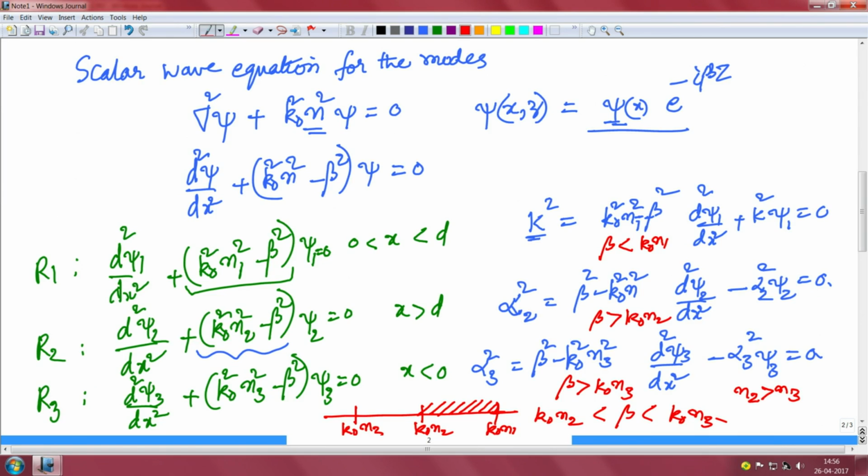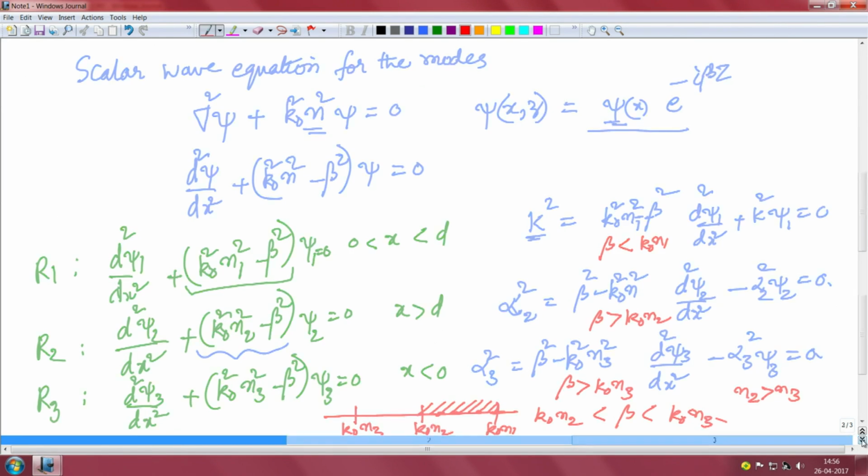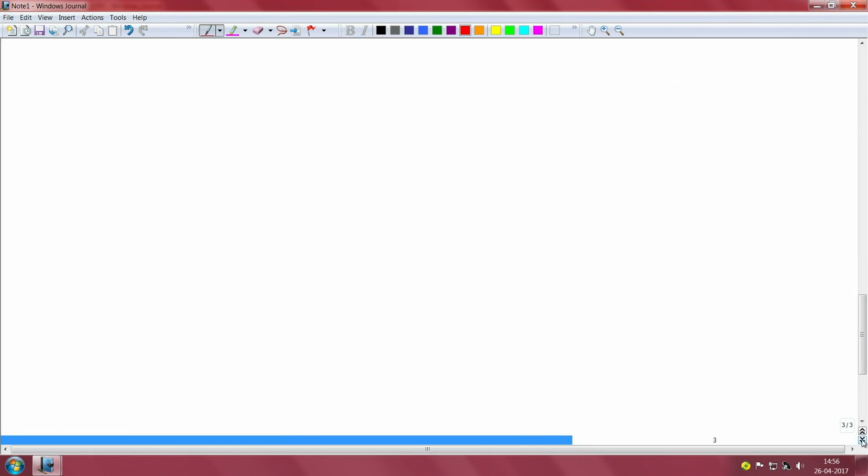Of course, as we have seen for the symmetric slab waveguide, it can take only discrete values and even a single value, so that you have a single mode waveguide. Now, let us look at the solution of the fields in each of the regions.